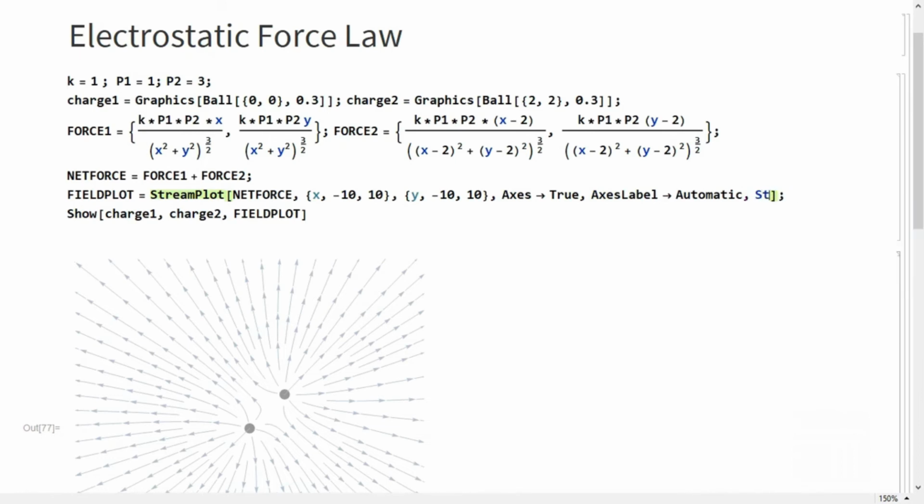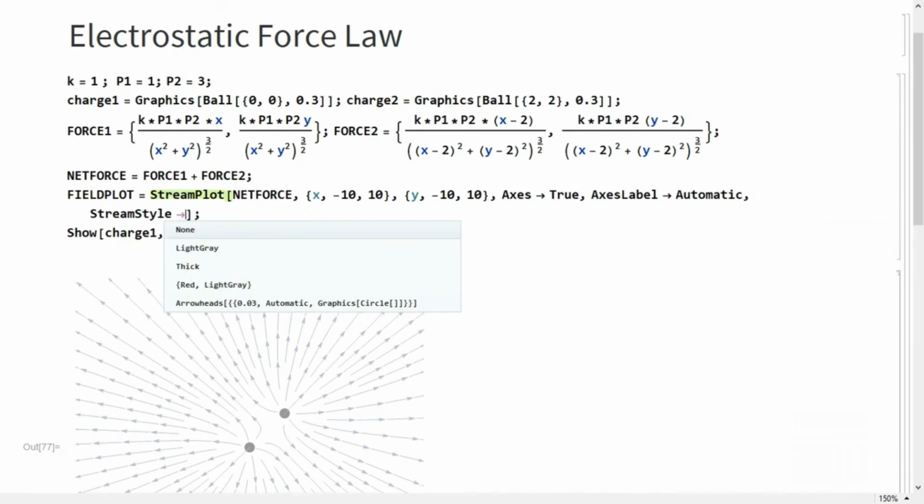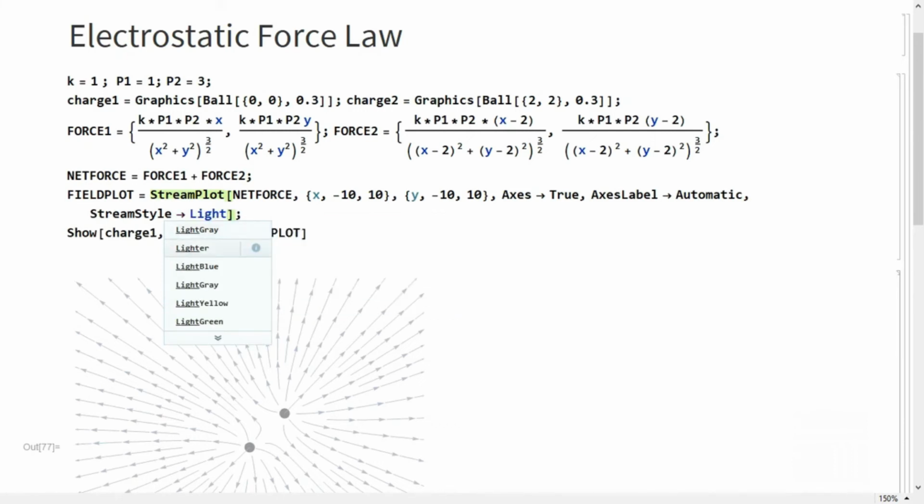You can also change the color using style plot, stream style. Let's just say I want to be light blue or light, I don't know, light green, let's say.